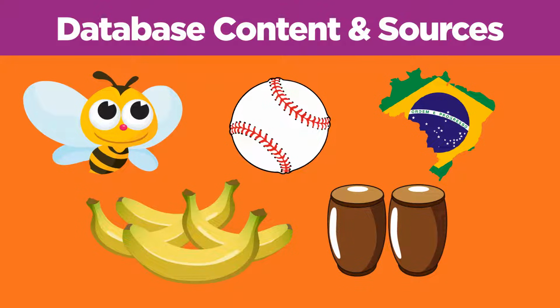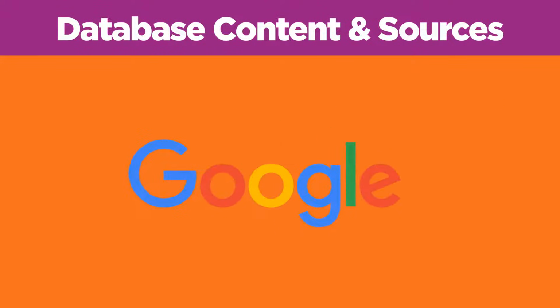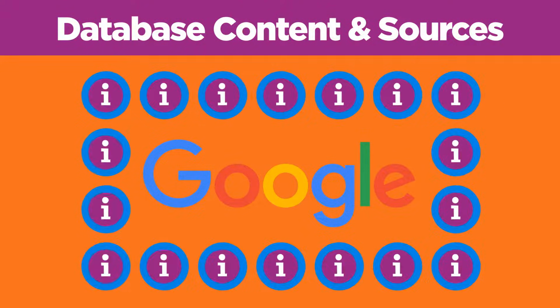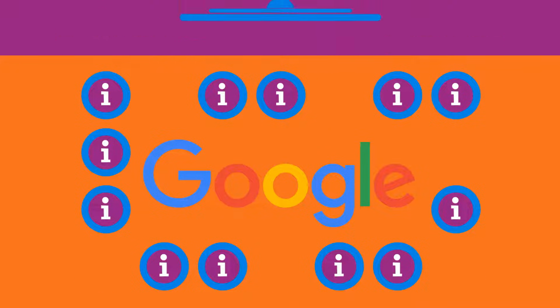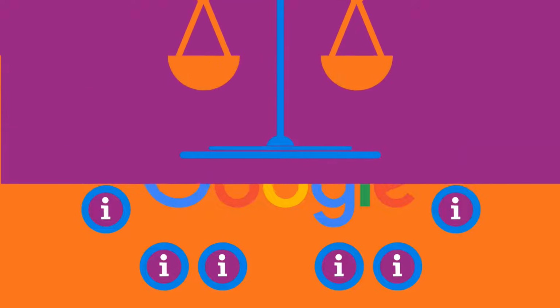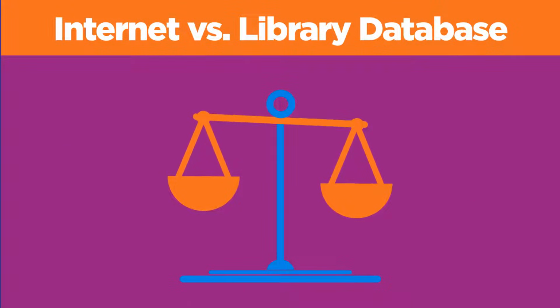You get the idea. For many people, searching the internet is the first stop for beginning any sort of research. You can definitely find a lot of useful information by searching Google, but not everything is available on the internet. Let's take a look at the difference between information you find on the internet and information you find in a library database.